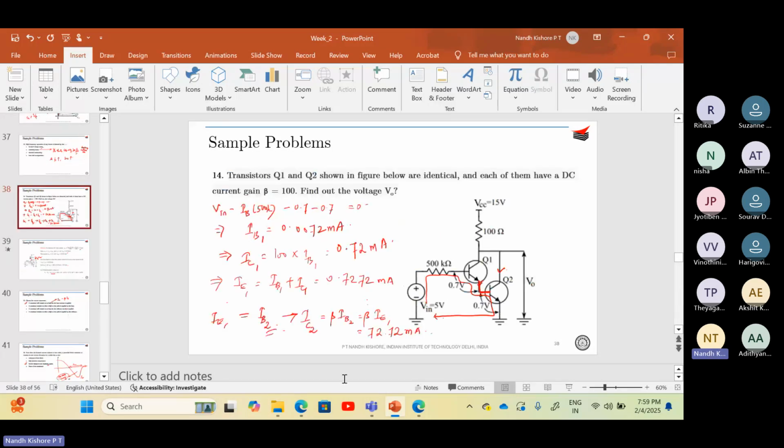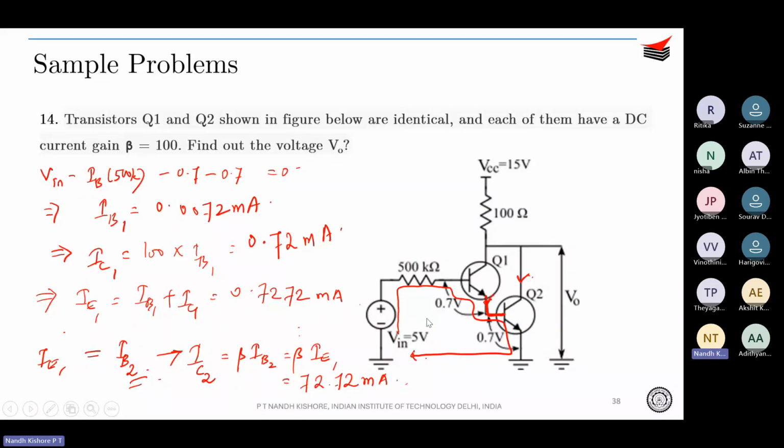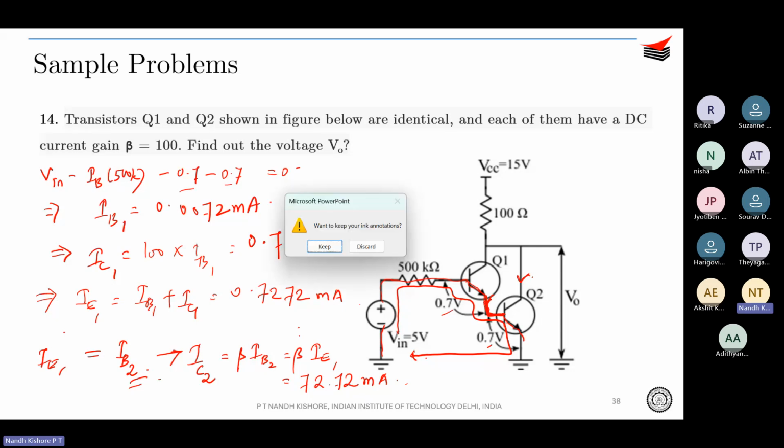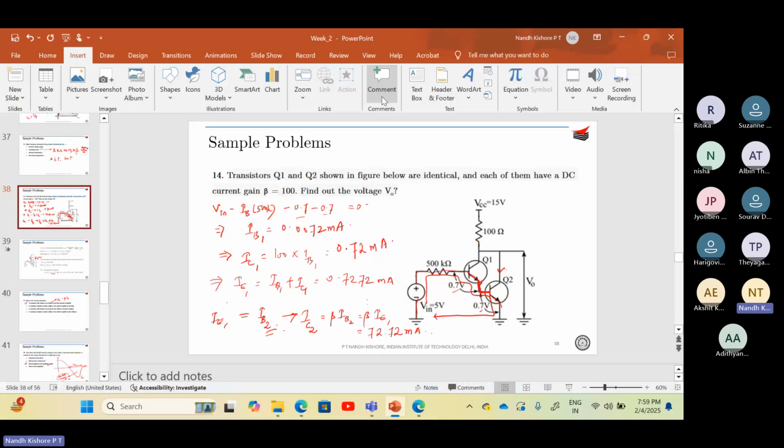You go over here, you see in this loop that it goes like this, then one transistor 0.7, then again you go to the base of Q2 and emitter of Q2. Again, there's a 0.7, here and here. So that's why I have written 2 times 0.7 in this KVL loop. It's just KVL in the base loop, just that there are two base emitters coming in the same loop over here.